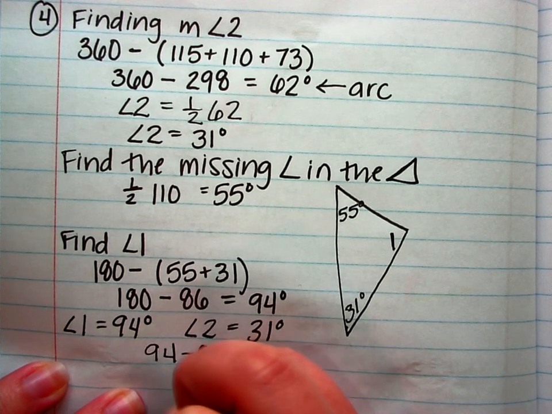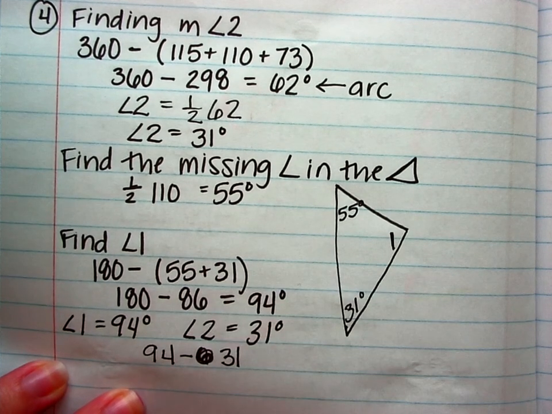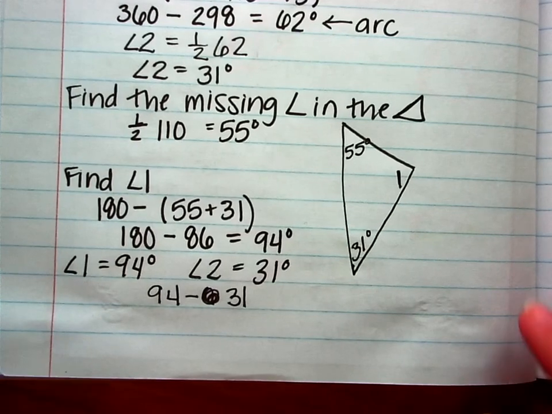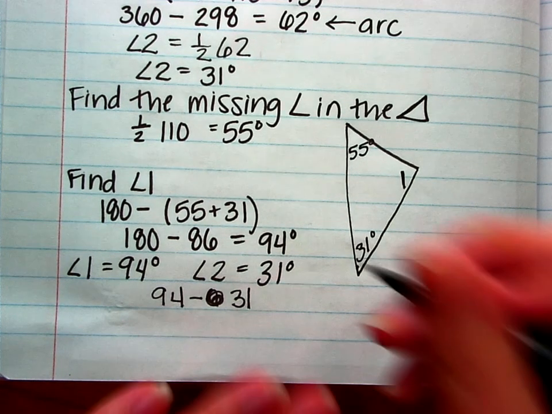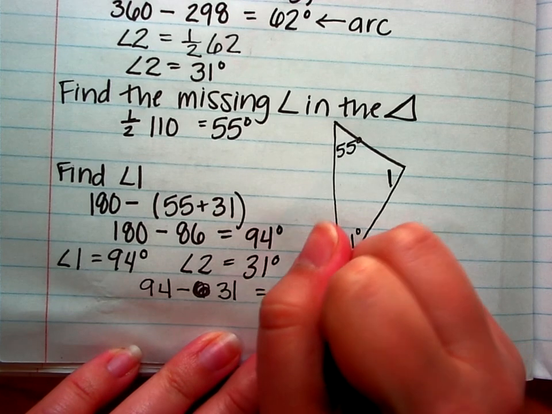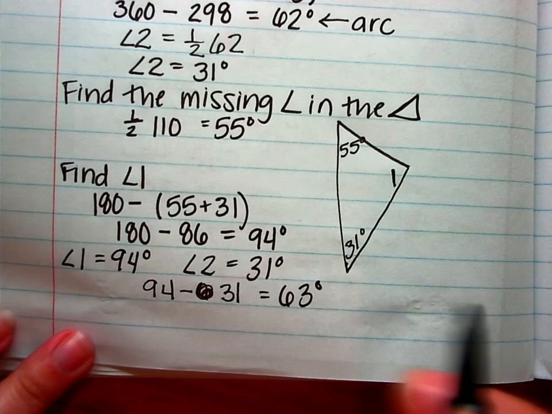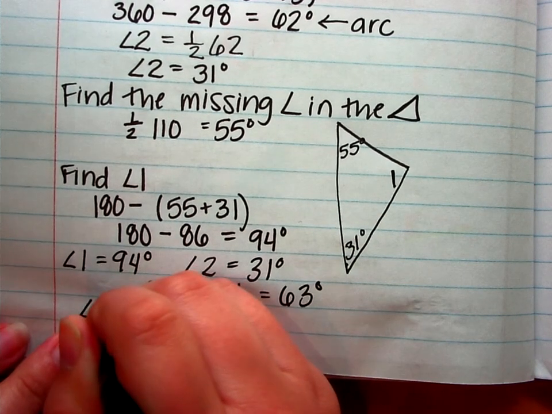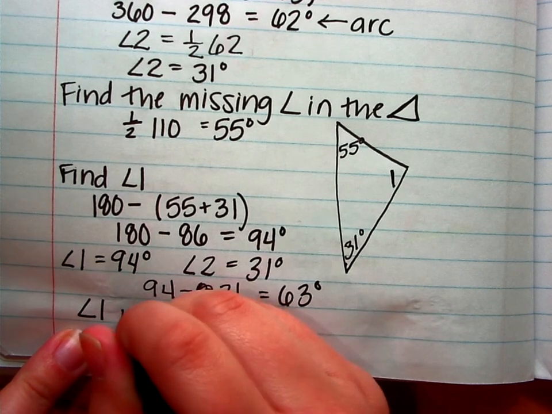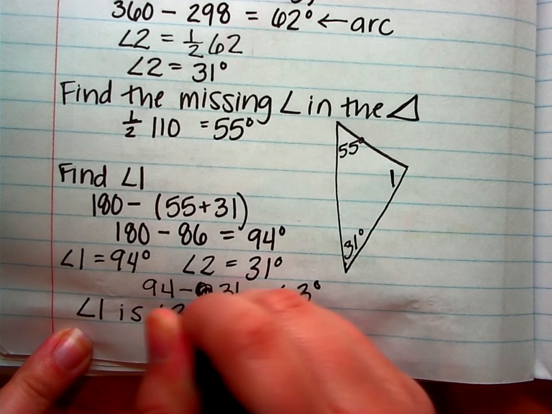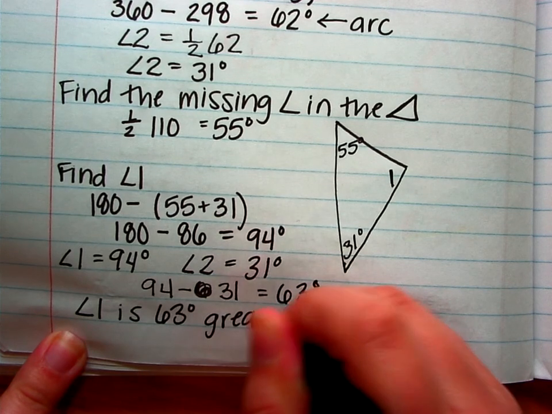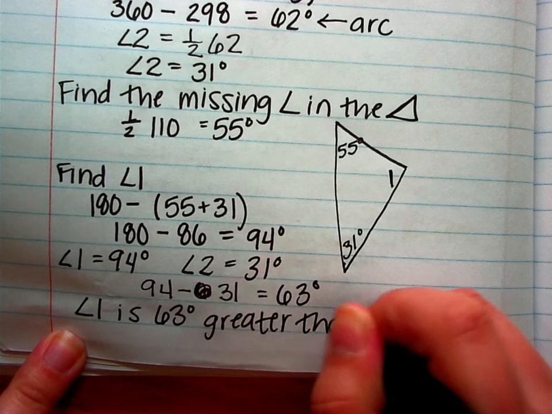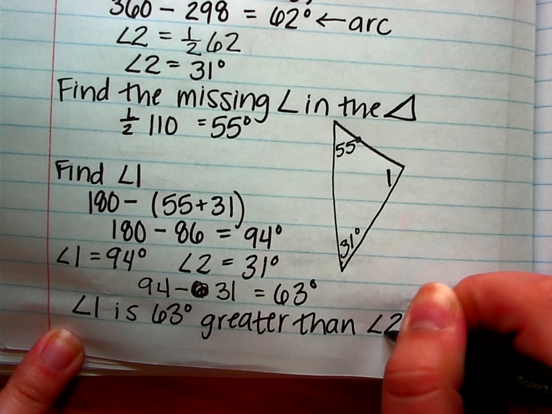Oops, 94 minus 31 is 63. So to answer this tricky little question, we'll say angle 1 is 63 degrees greater than angle 2.